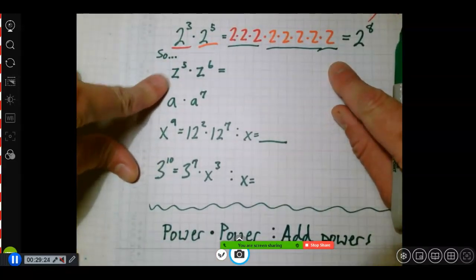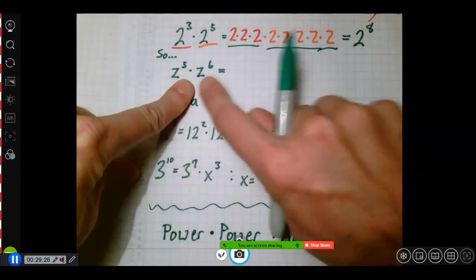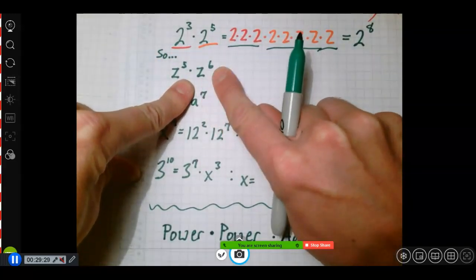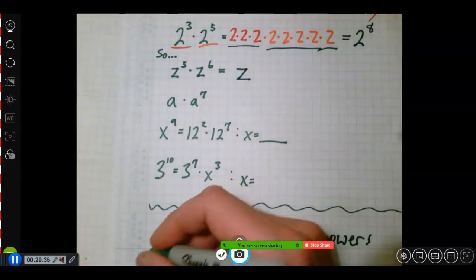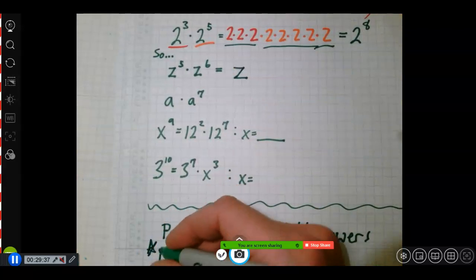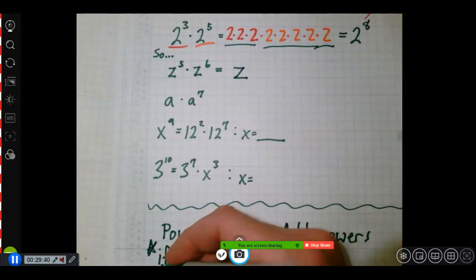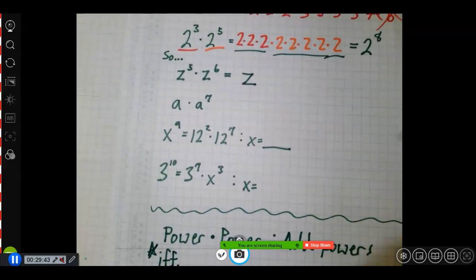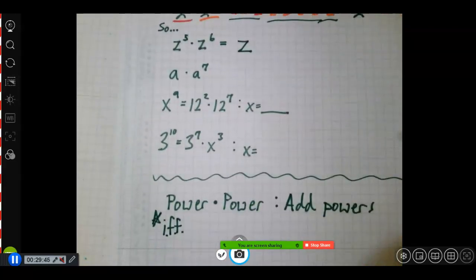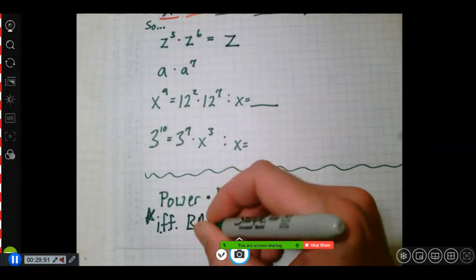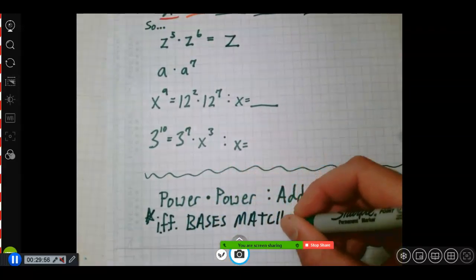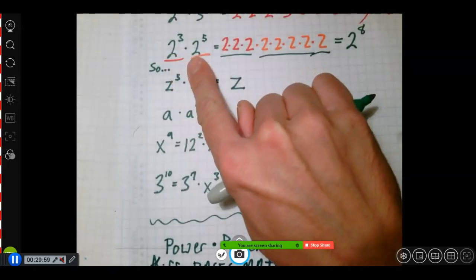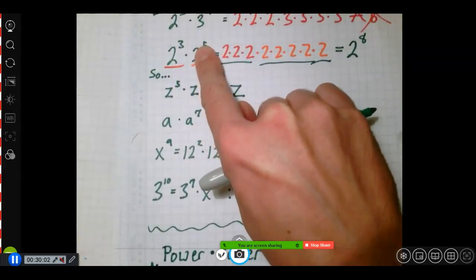We keep the base, only if the bases match. By the way, guys, the abbreviation IFF in math means if and only if. Don't ask me why it is that abbreviation. So as long as the bases match, like my 2 and my 2 up here, I just add the powers together. 3 plus 5 is 8.